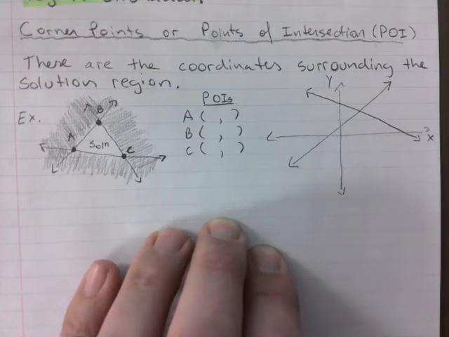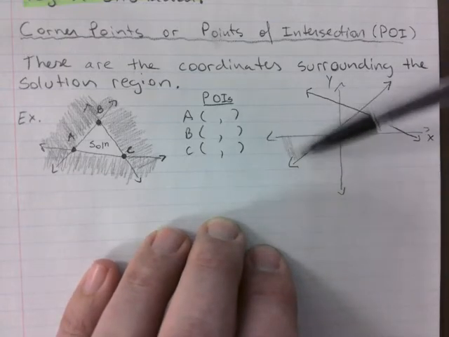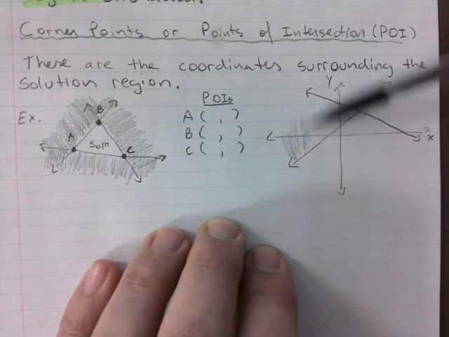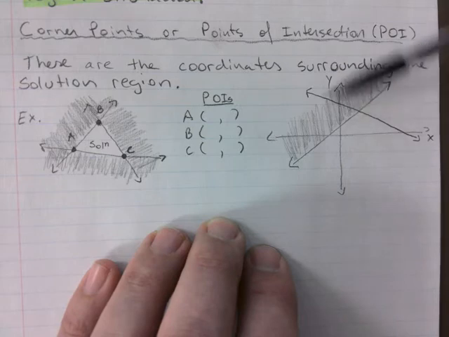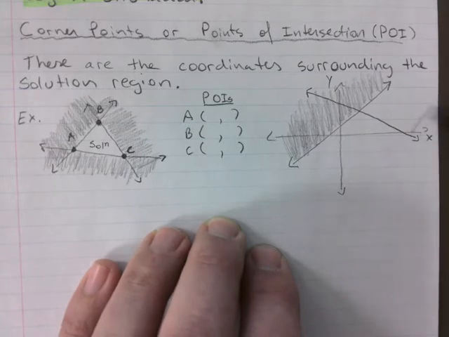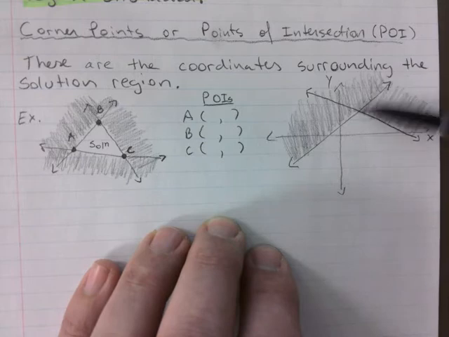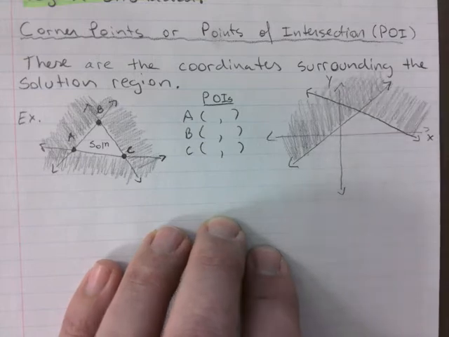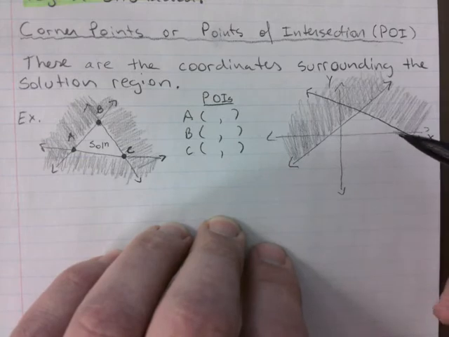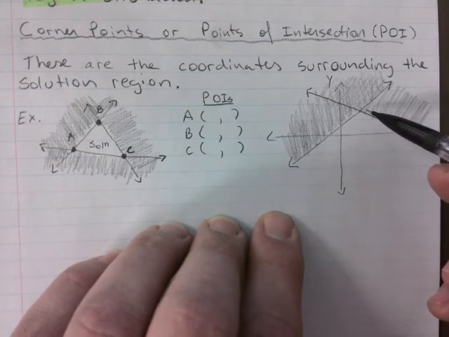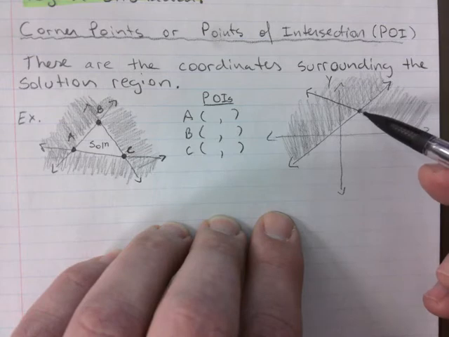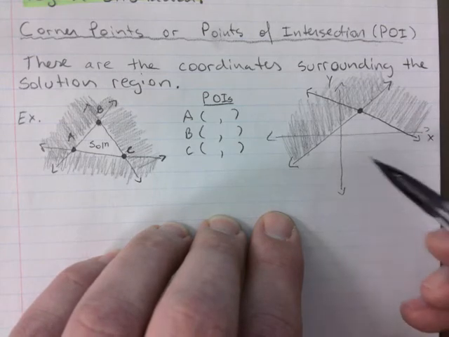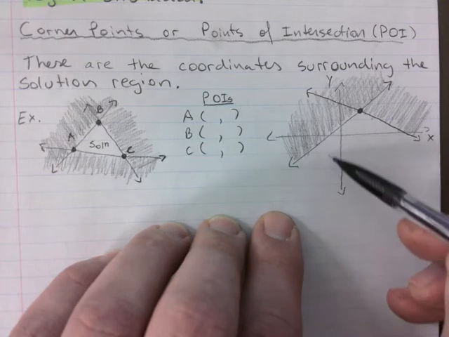I should have made one of them dashed, but it doesn't matter. So let's say we shade the first inequality, and we determine that this is all false, because remember we're doing reverse shading as soon as we do systems. And then you shade the other one, and it's also over here. And you're now going to realize that, watch this, the only point of intersection between two lines is right here. And so this whole thing here is the solution.